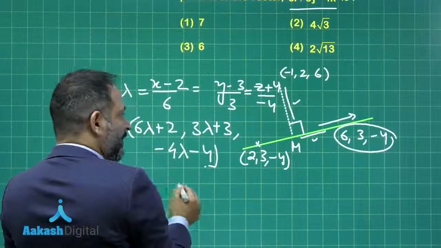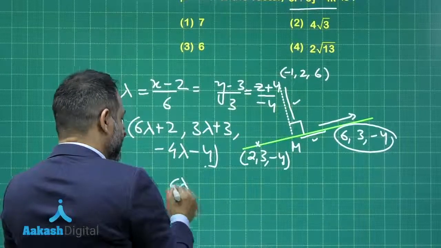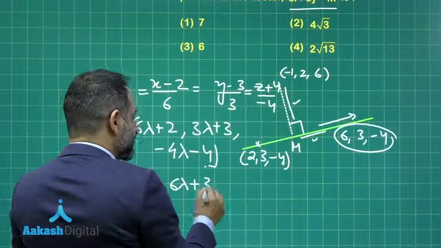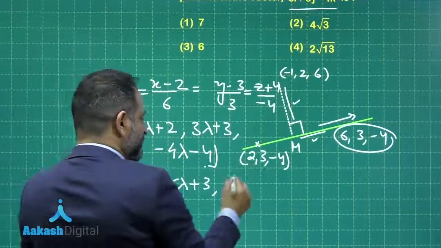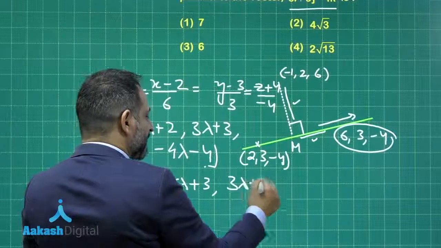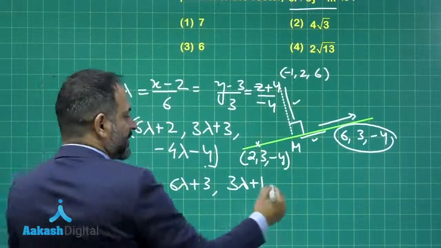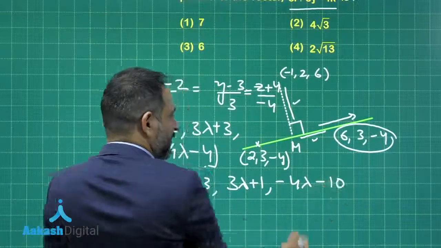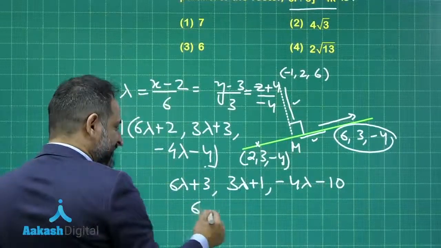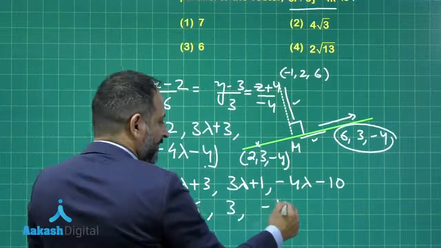So, the DR are 6 lambda plus 3 and again 3 lambda plus 3 minus 2. So, it is 3 lambda plus 1, and the third one is minus 4 lambda minus 10, and the DR of the line are 6, 3 and minus 4.